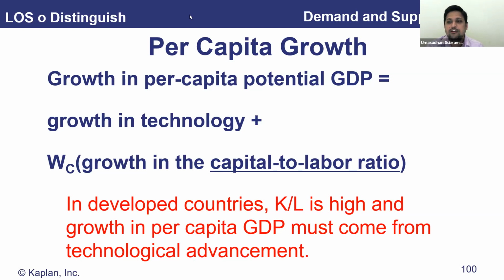So, okay, which country has the highest GDP per capita in the world? Any guesses? That's a great one. Yeah, Luxembourg. Luxembourg is the right answer, because of their lower population.